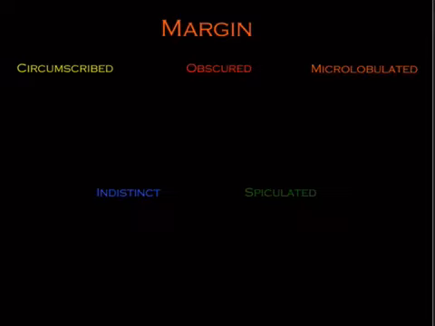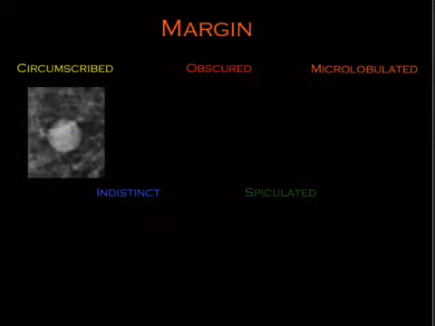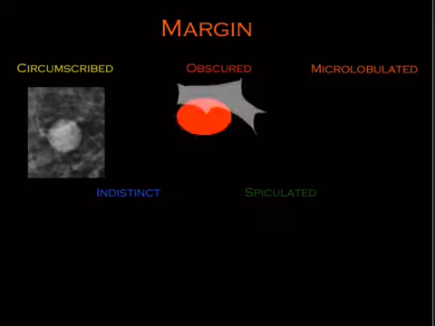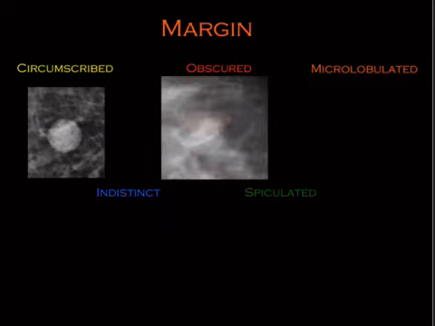Margins can be either circumscribed, obscured, microlobulated, indistinct, or spiculated. Circumscribed. Obscured is when you're only going to see a portion of the border. So you can see there's a mass that has a border here that I can see well, but I can't see the rest of it.